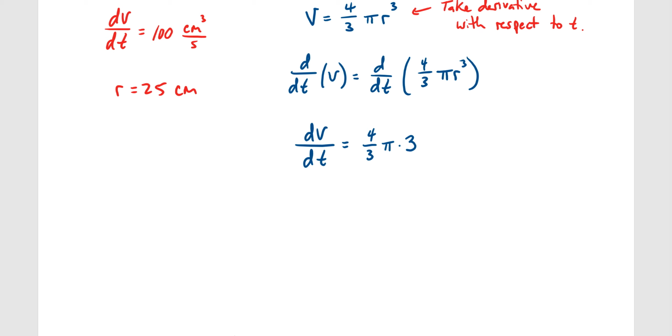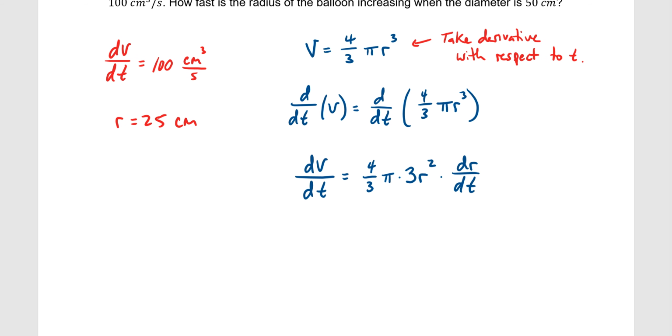That brings the exponent down, subtracts 1 from the exponent, times the derivative of the inner function, which is the derivative of r. So all you had to do here is recognize that this was a constant, bring it out front, and then do the derivative of r cubed with respect to t.